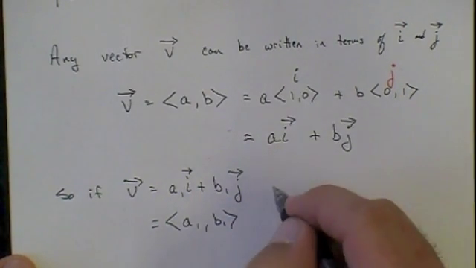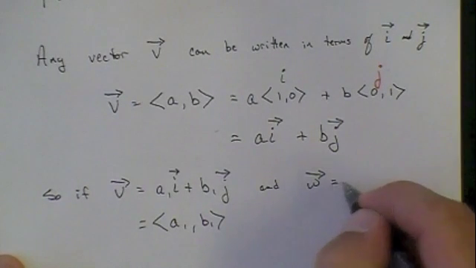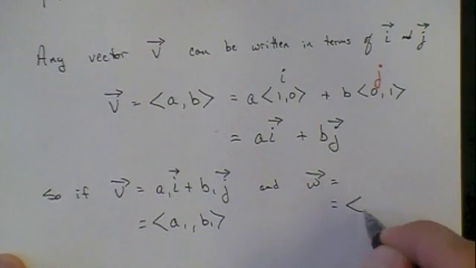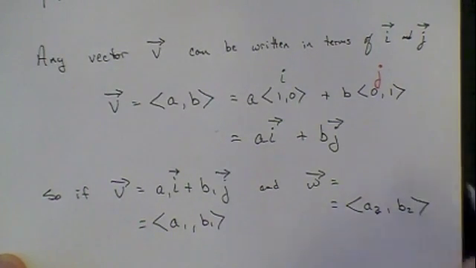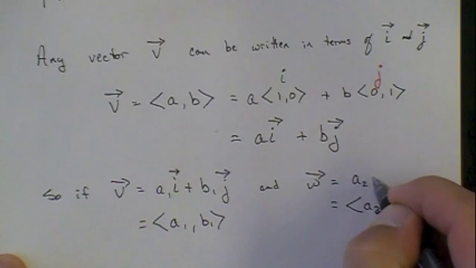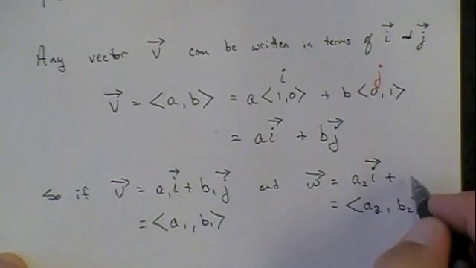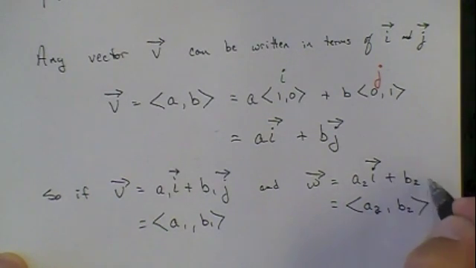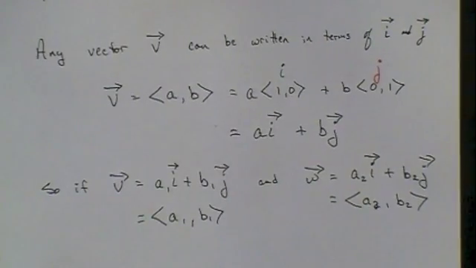And then we have vector w, and now we have our components here where we're going to say this is a2 and b2. So that means that our i component is that a2 value, and our j component is that b2 value.